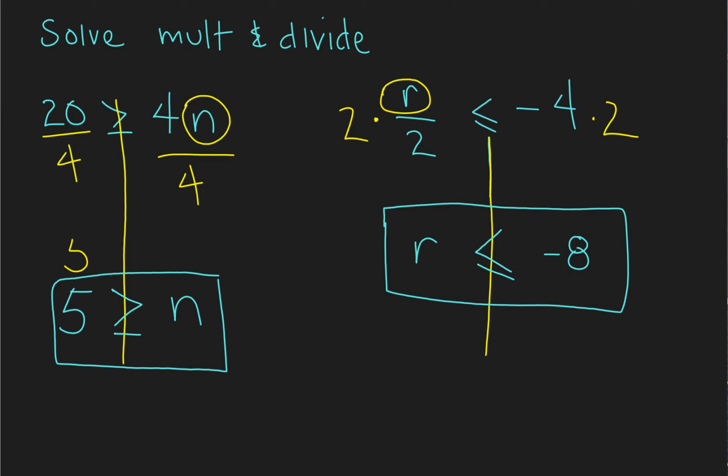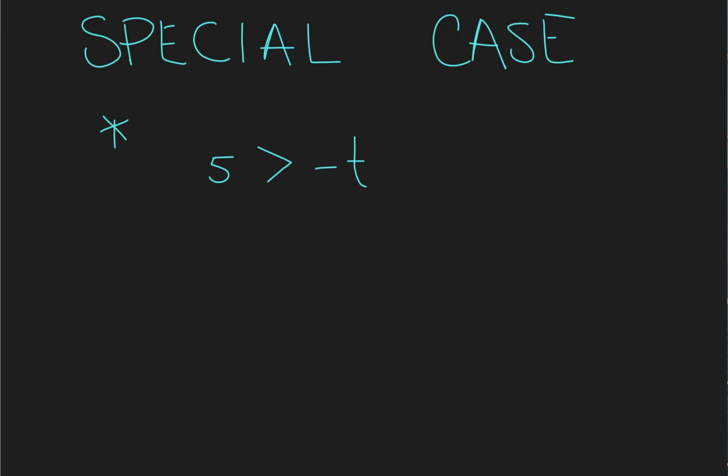Now this brings us to the special case. So if we've got this inequality, we don't want to leave a negative variable. So one way we could do this is we could add that t to both sides. Now this leaves me with t plus 5 is greater than this negative t plus t, which is left with 0.